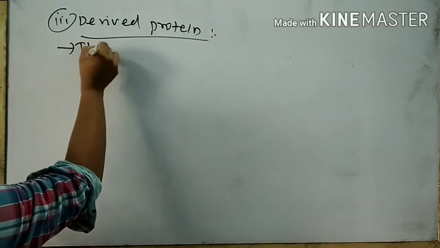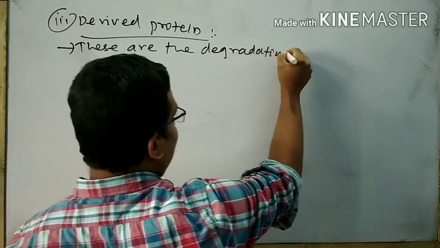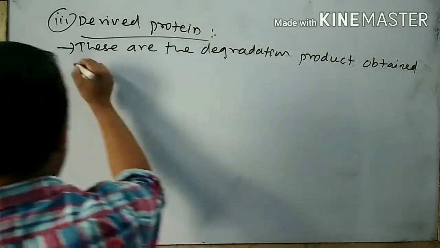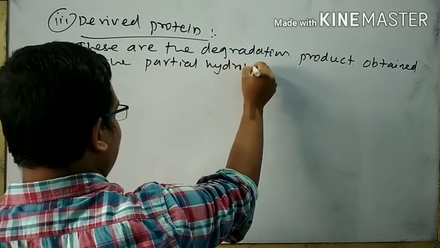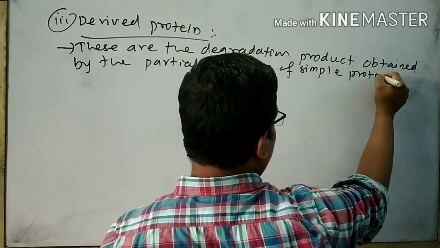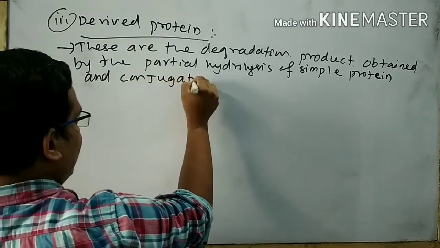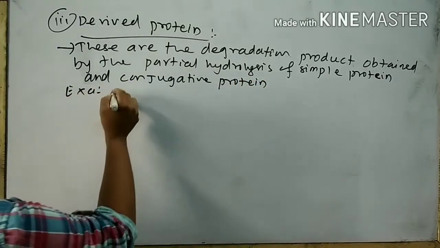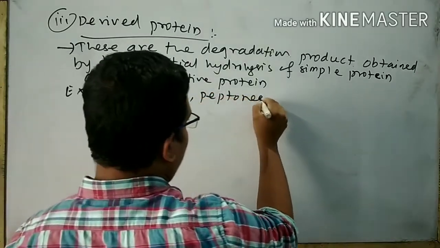So we can write these are the degradation products obtained by the partial hydrolysis of simple protein and conjugative protein. Examples of derived proteins are proteases, peptones, polypeptides.